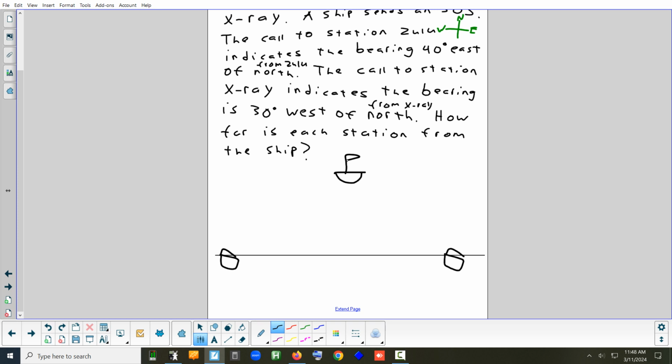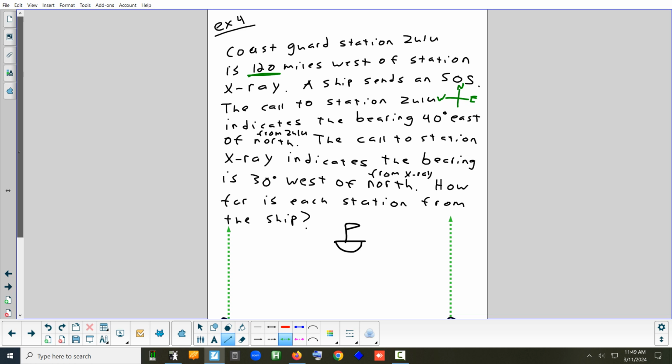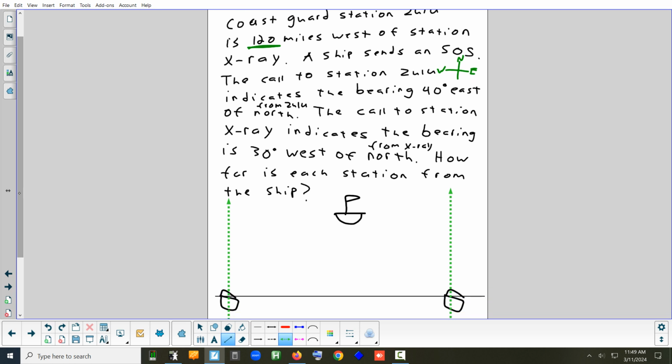Okay. Now, what I want to do from each Coast Guard station, I want to draw in a line that represents north. Okay, so what I'm going to do is I'm going to go like that. And I'm going to go like that. So now we have a line that represents north. Okay. Which station is on the left? Zulu.